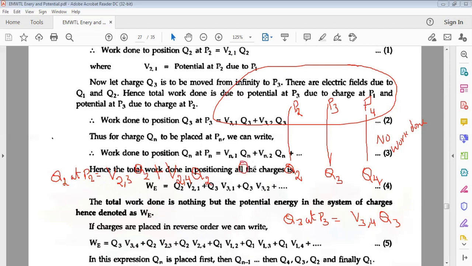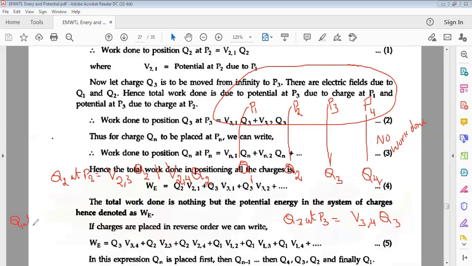And then I bring Q1 and place it at the position P1. A force is exerted on Q1 due to Q2, due to Q3, and due to Q4 also. So what is the equation we get?